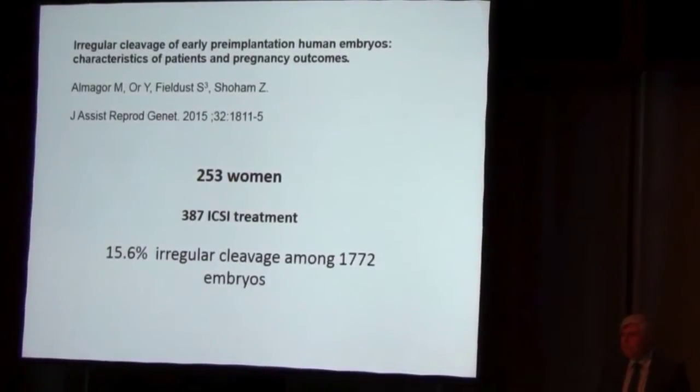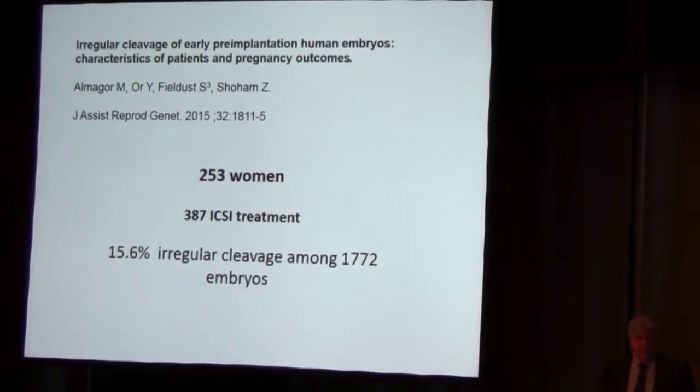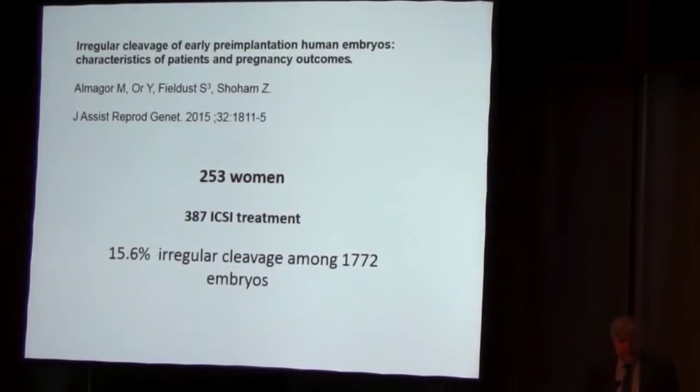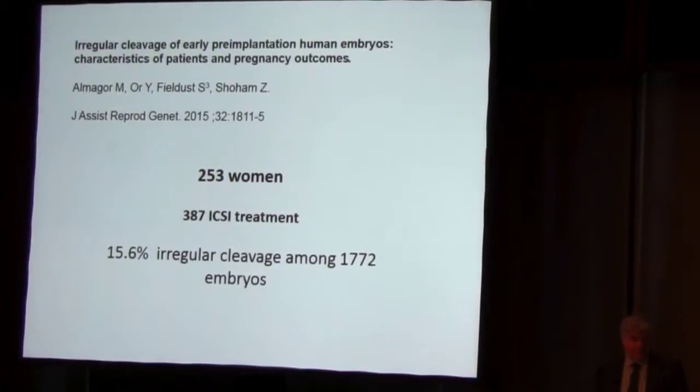One we published several months ago, looking at the irregular cleavage of early implantation human embryos, characteristics of patients and pregnancy outcome. We looked at 253 women who had gone through 387 ICSI treatment cycles. 15.6% of the cycles had embryos with irregular cleavage, out of 1,700 embryos that developed.